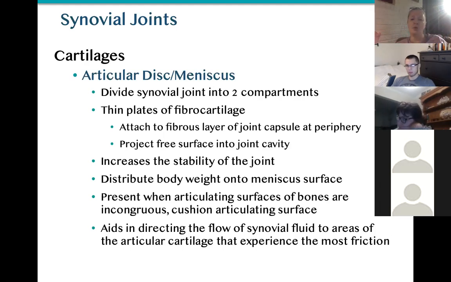And that meniscus will work to help stabilize the joint, cushion the joint. It'll help distribute the weight across that joint capsule when the articulating surfaces of the joint are a little bit incongruous, and especially there in the knee, because you have 2 lower bones joining up with that one big, more proximal bone, it helps both distribute that and cushion that bumpier surface of a couple of bones coming up there.